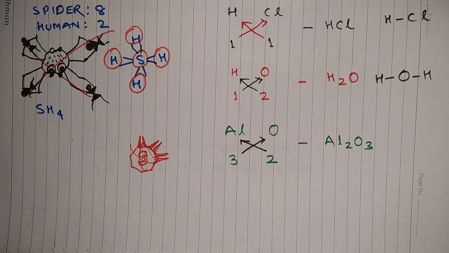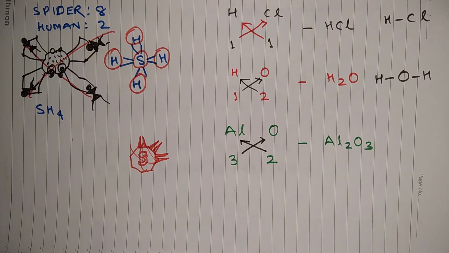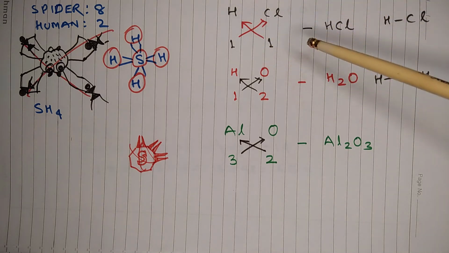Okay, so in the same way we write chemical formula. So what do we do? Just write the names of constituent elements. Say for example hydrogen chloride. So hydrogen is written here, chlorine is written here, and below each element write their valence number. So for hydrogen it is 1 and for chlorine it is 1.